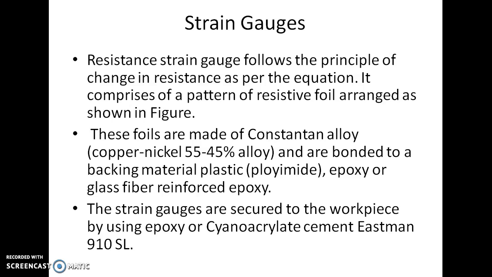They are bonded to a backing material, plastic, that is polyimide or epoxy or glass fiber reinforced epoxy. The strain gauges are secured to the workpiece by using epoxy or cyanoacrylate cement.